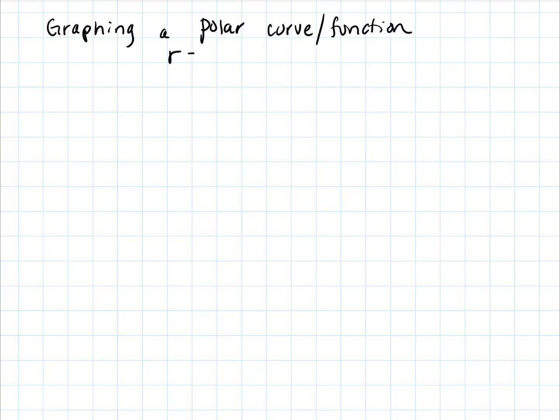So graphing a polar curve or a polar function. We're going to be working with polar functions where r is defined as f of theta. So just some quick strategies for doing this. One, we can plot points.